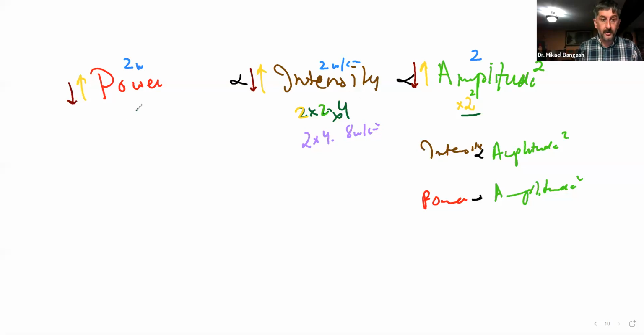As the power is going to increase 4 times, now your power to begin with was 2 watts, but that 2 watts is going to increase 4 times. So your final power became 8 watts.